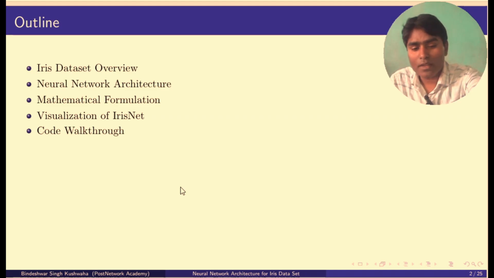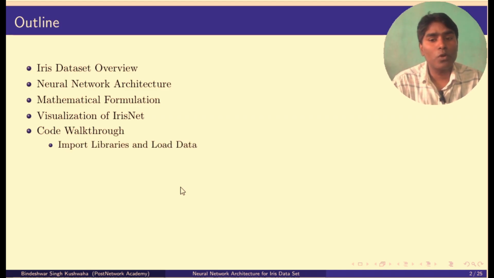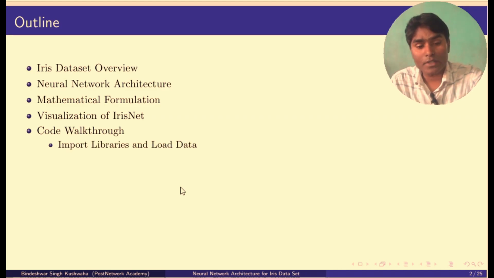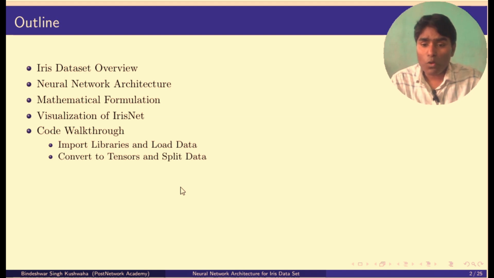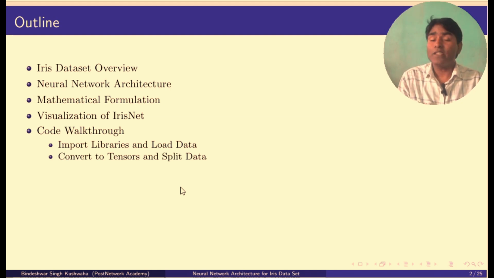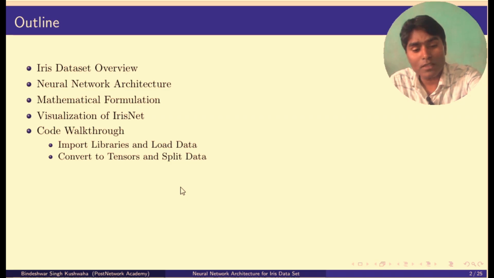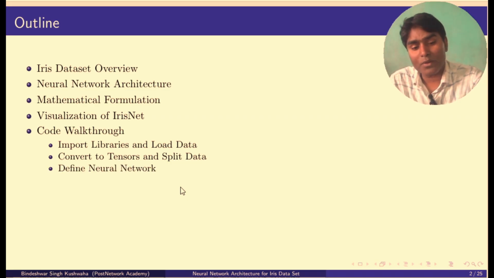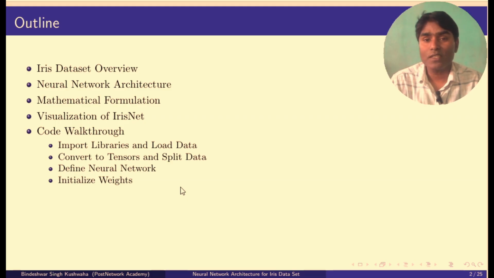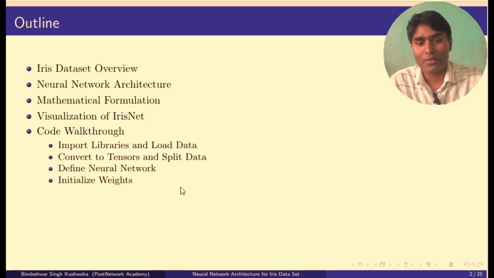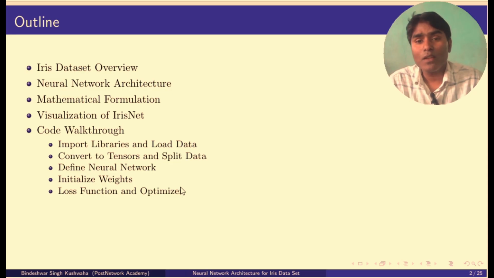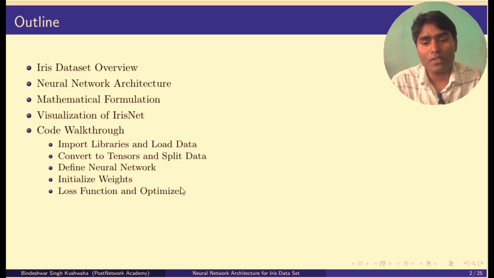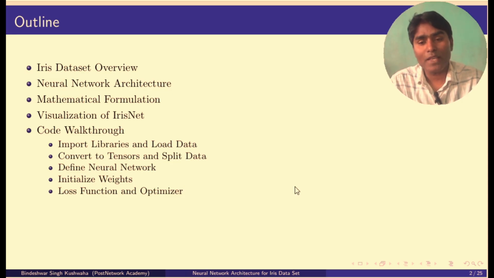Code, in which we will see how to import libraries and load the dataset, how to convert to tensors and split the data for testing and training. We will define the neural network inside PyTorch, and we will initialize weights also, that is crucial for any neural network. Thereafter, we will understand the loss function and how to optimize it.